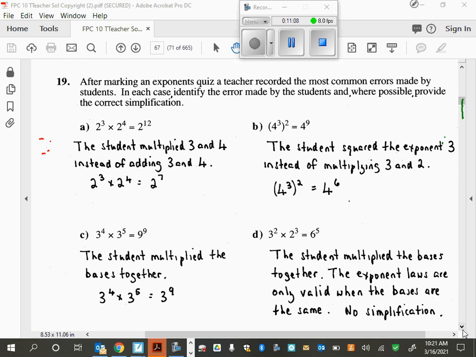Now, 19 seems like an easy question, and it's not because students don't know how to do it. It's why they lose marks, because they don't do what it asks. It asks for 2 things. So please give me 2 answers. It says, what's the error? And then correct it. 2 things. You can't just say they multiplied and not added. That's answering one of the 2 things. Or sometimes I see students just give me the answer and then move on.